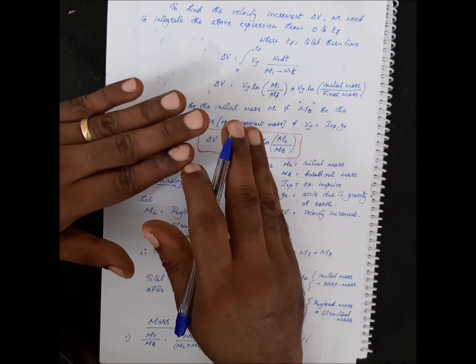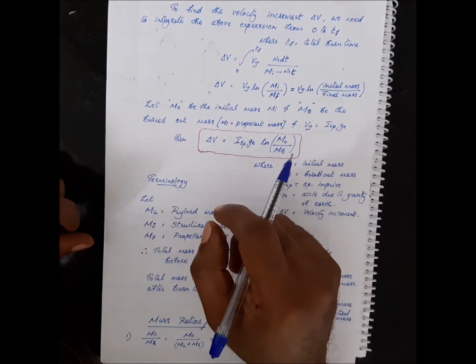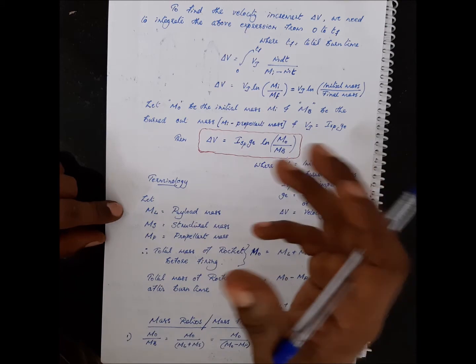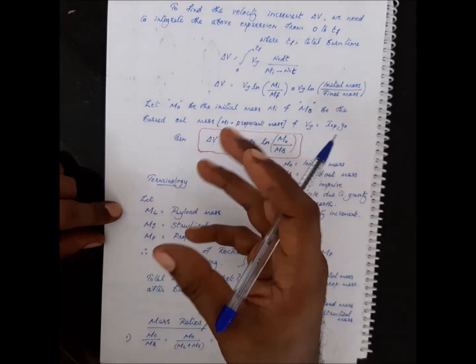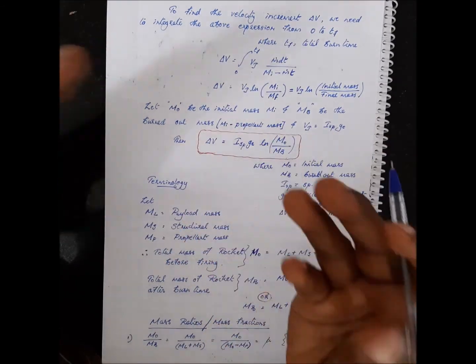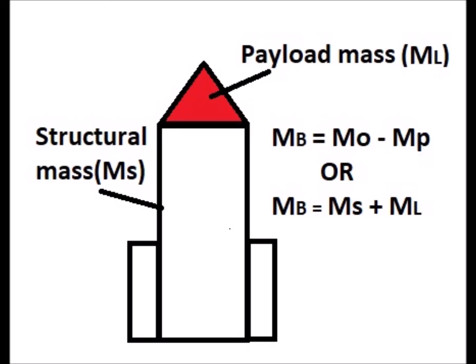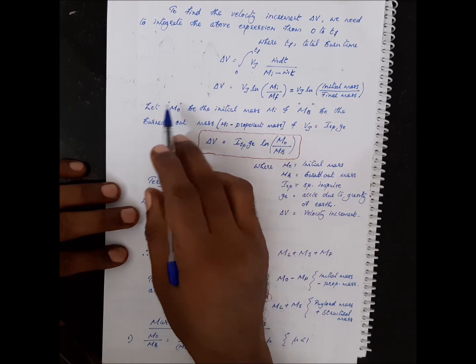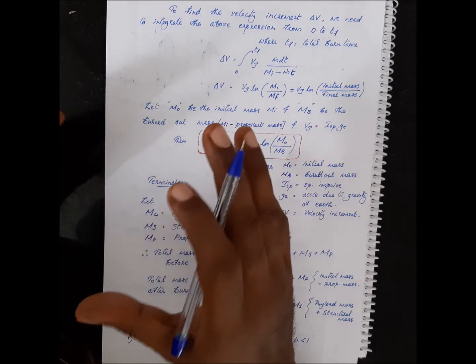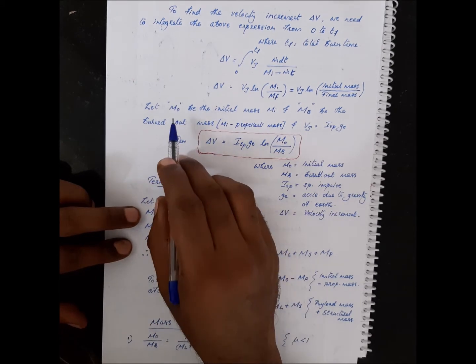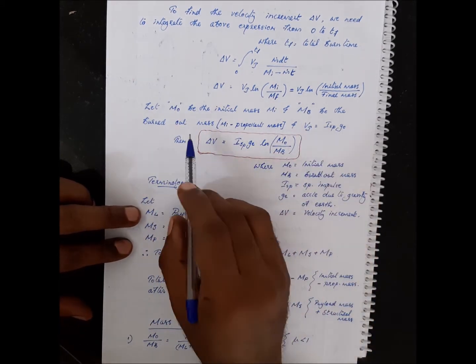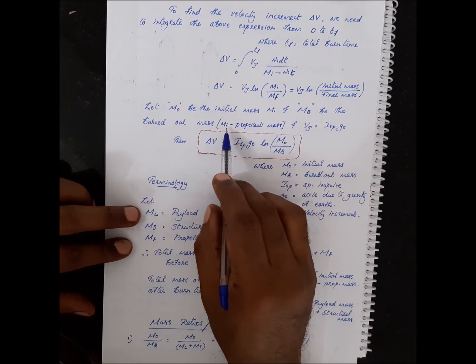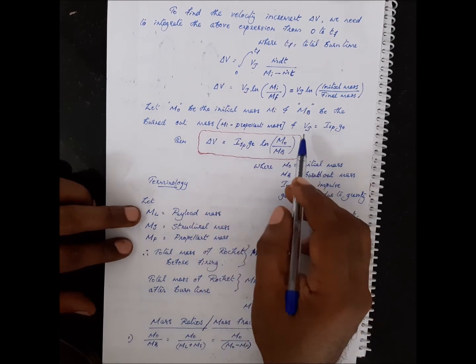After the propellant has burned out, the only part remaining is the structure of the rocket, the structural mass plus the payload mass. So mo is the original mass of the rocket, and the burned out mass is nothing but the initial mass minus the propellant mass that we have set.